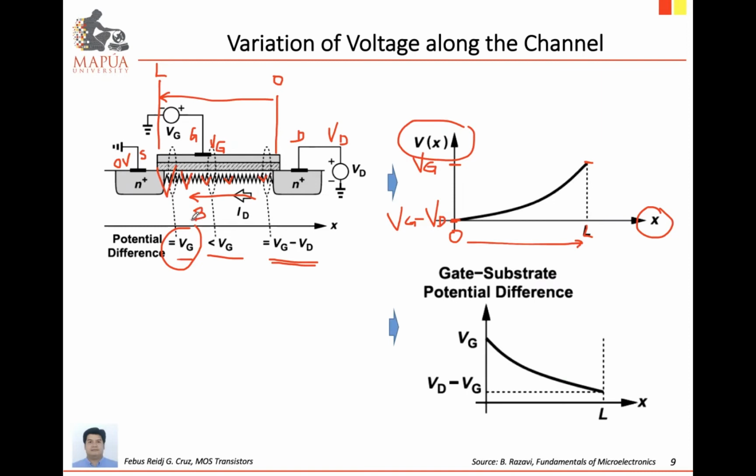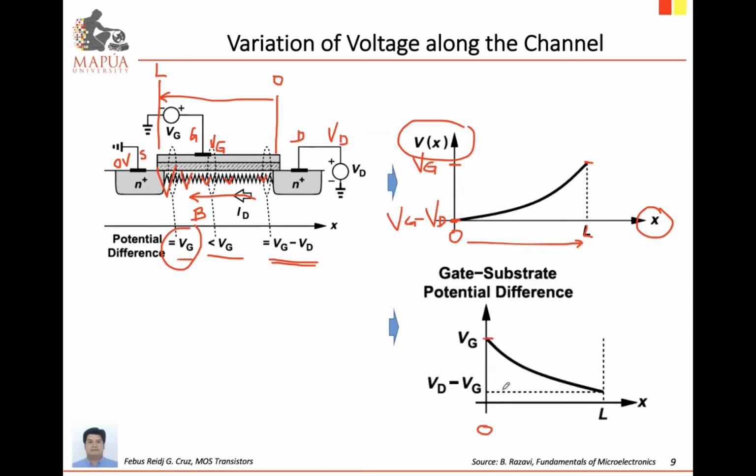In this example, at a channel length equal to 0, we expect, since the voltage drop here is minimum, that ideally if BG minus BD is 0, the voltage from gate to bulk will be maximum and will be equal to the gate voltage.